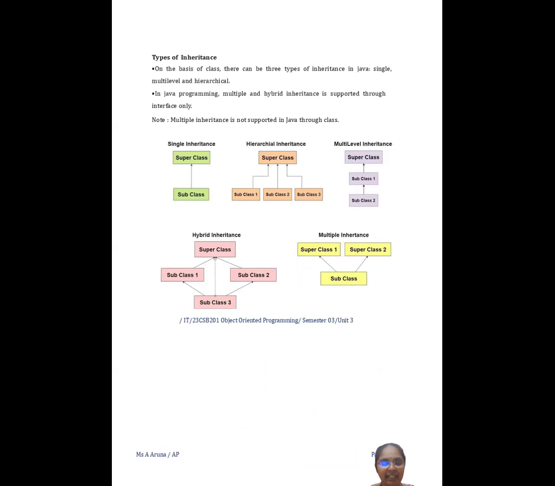In this case, I definitely have to use the interface concept. So hybrid inheritance as well as multiple inheritance are not supported in Java. They can only be achieved by using the interface concept, with the implements keyword.